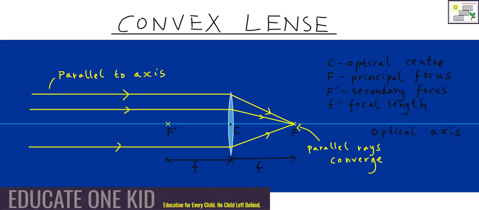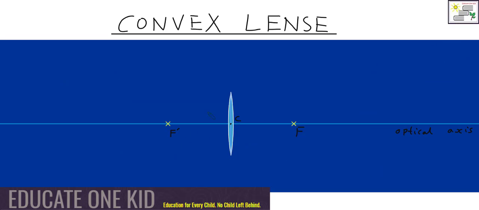Now let's discuss what would happen if a ray were to arrive at the lens in this direction. You can see that this ray, I've drawn it from the secondary focus, F dash. It turns out that a convex lens would bend the ray so that it would travel parallel to the axis, like this.